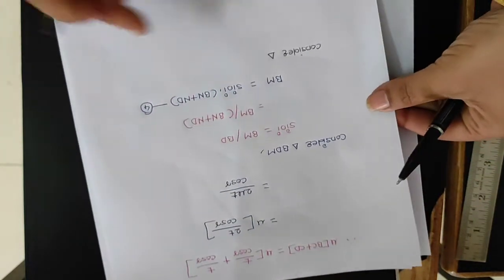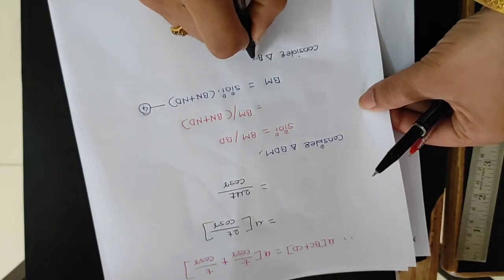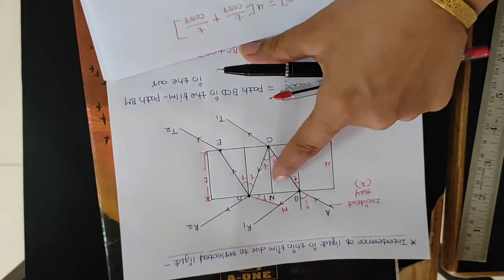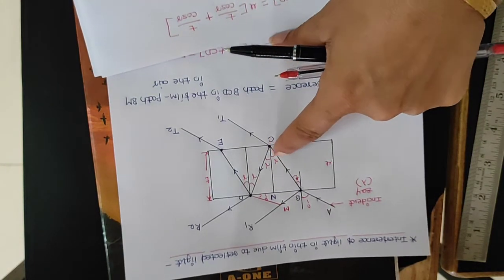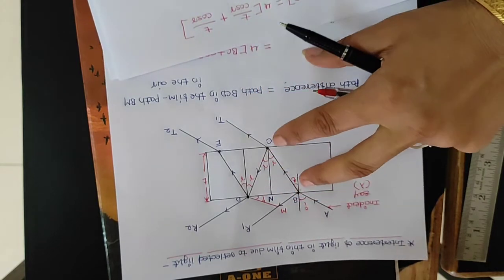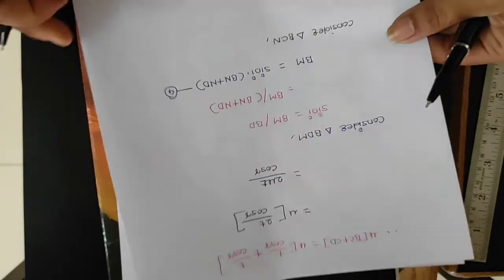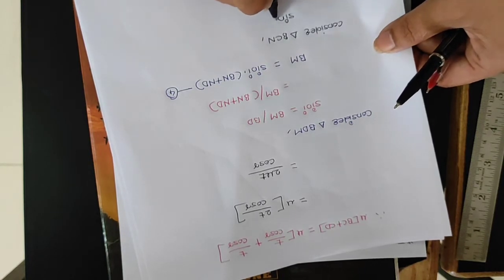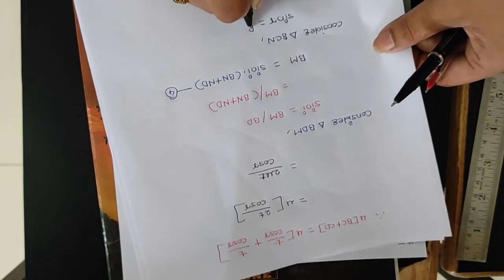Now from that triangle, we can write sin r is equal to BN divided by BC.